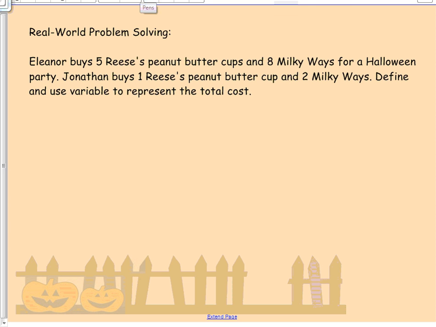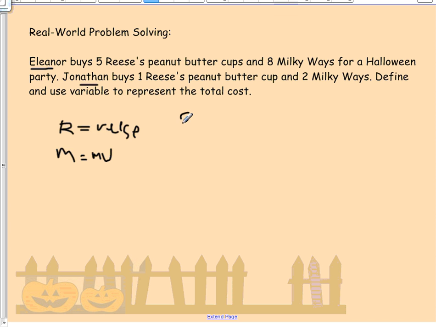So what you could do is you could say, okay, I want R to equal my Reese's, and I want M to equal my Milky Way. I'm just going to say MW. So I can actually write an equation for Eleanor, and I can write an equation for Jonathan.